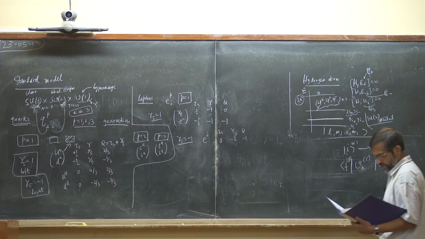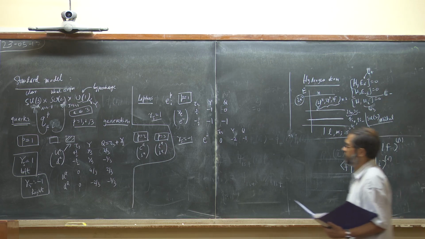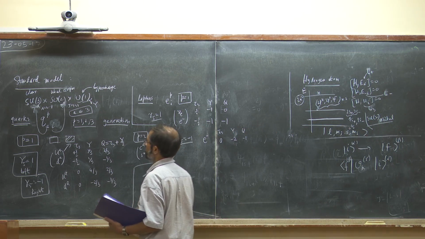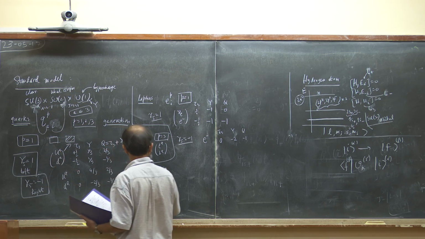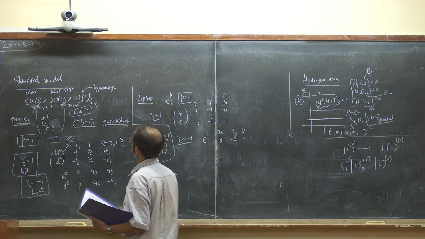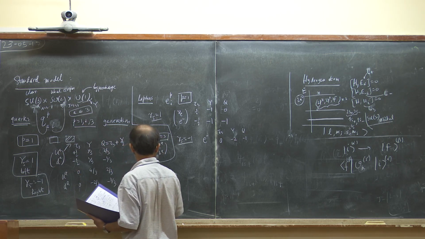That's the game. And then, of course, there are the gluons which are in the adjoint of SU3, so there is this G A mu, and there are weak bosons, W or Z bosons, and then there is the U1 boson.